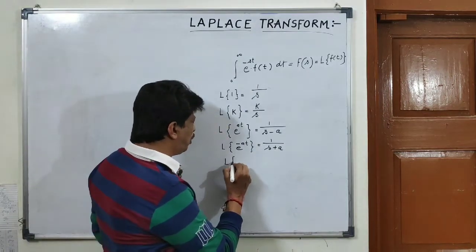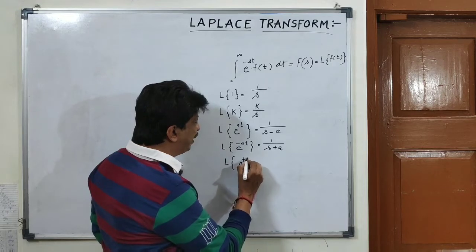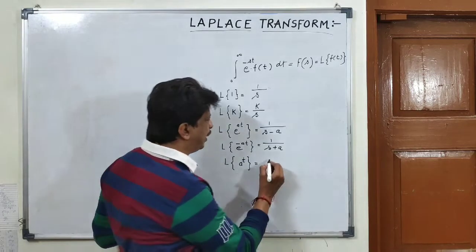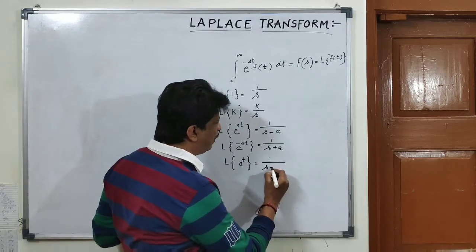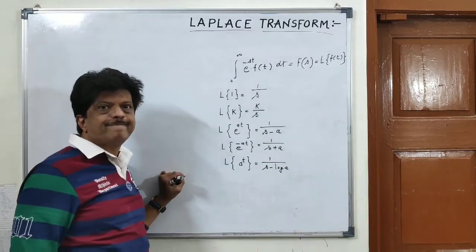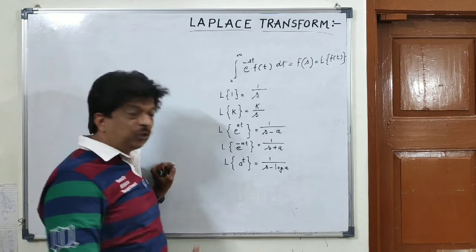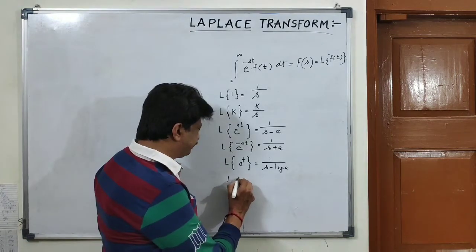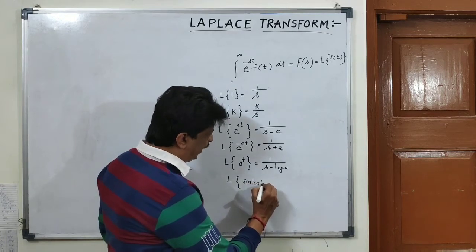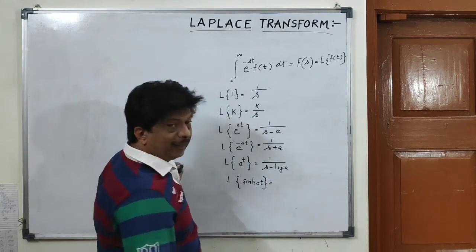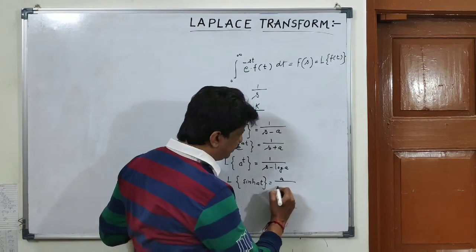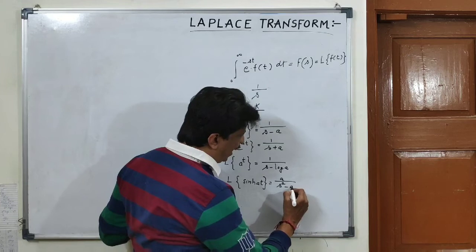Laplace transform of a raised to power t is equal to 1 upon s minus log of a. Laplace transform of sinh of at is equal to a upon s square minus a square.